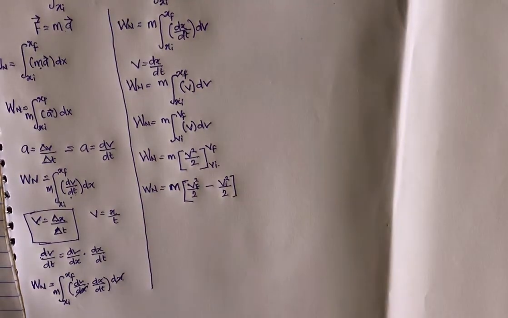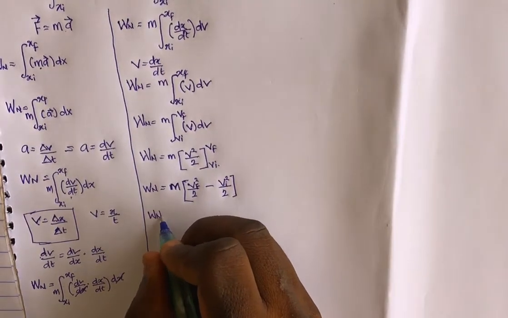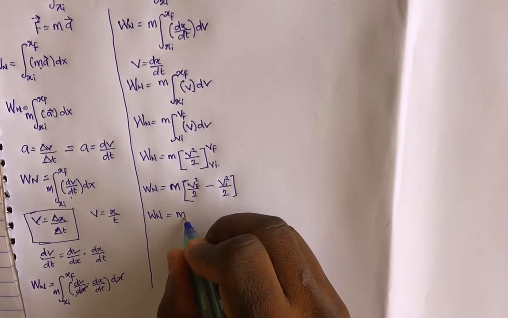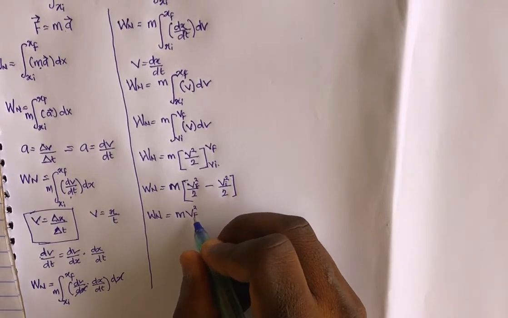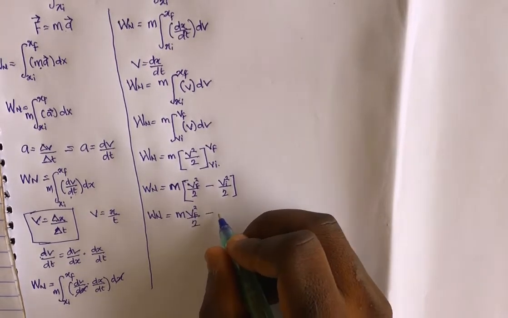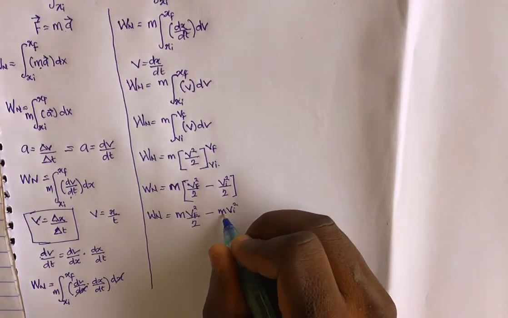So I can open the bracket directly here, and my net work done will equal mass multiplied by final velocity squared over 2 minus mass multiplied by initial velocity squared over 2.